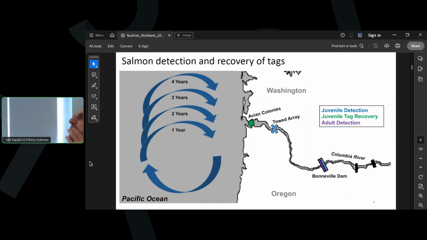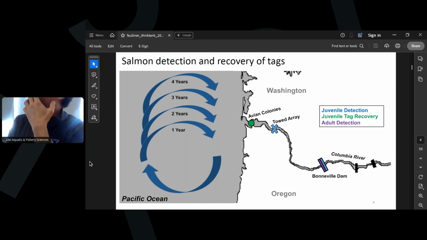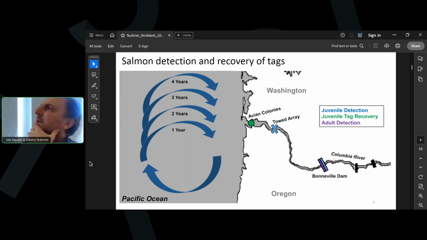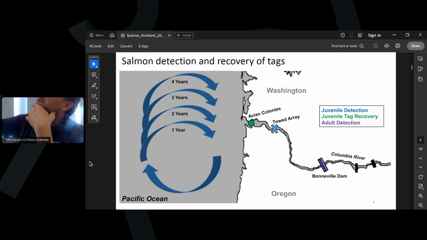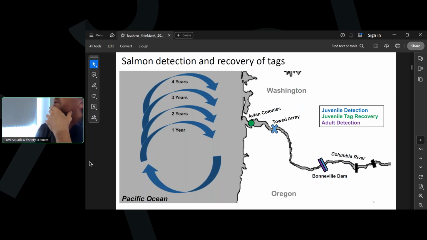Okay, so this is the study area. The smolts, think of steelhead, Chinook, salmon, coho, are going out to the ocean, passing through the Snake and Columbia River. The last dam that they encounter is Bonneville Dam on the Columbia River. You can see, in blue, they're detected as juveniles going out. Then they pass down through the estuary, where I mentioned we have those boats that tow the detection array.